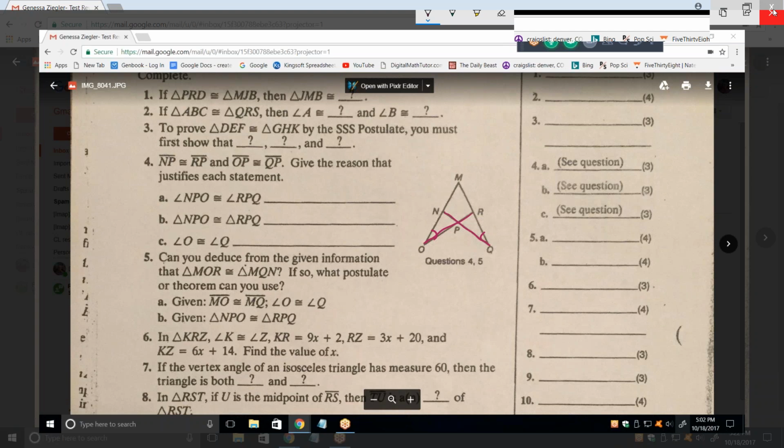In other words, NP is equal to RP and PQ equals PO because these two little triangles are congruent. Therefore, NQ equals RO. And they both share that. So we have angle, angle, side. Okay. So that's angle, angle, side.